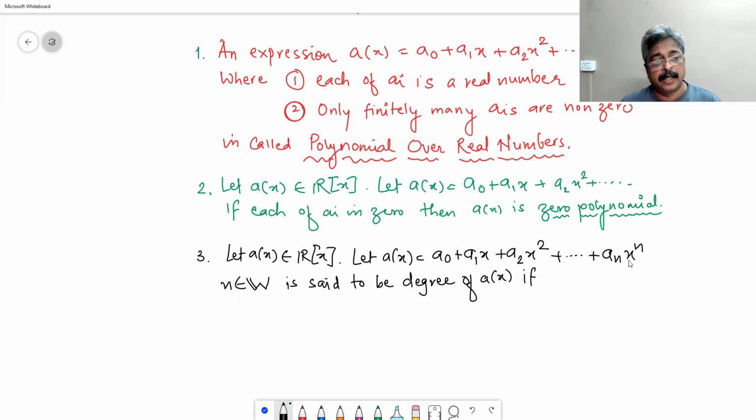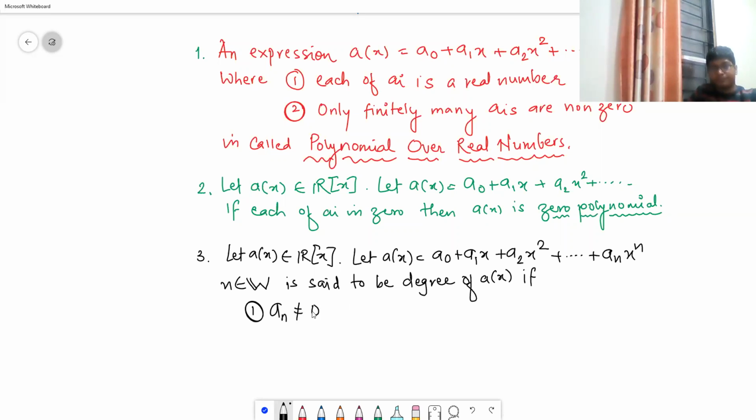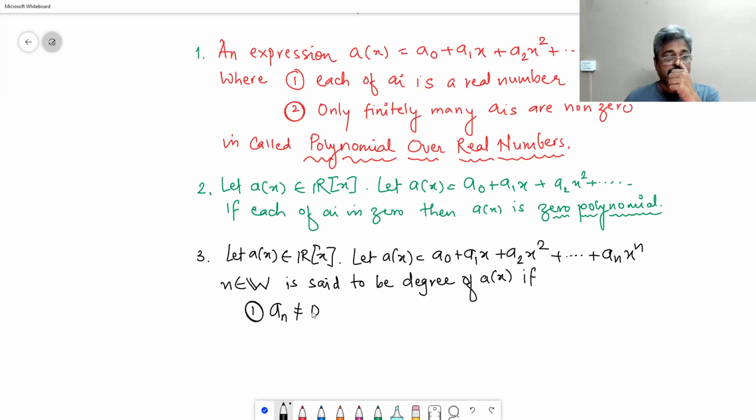We will call n, which is a whole number, the degree of this polynomial a of x. What should happen? If condition number 1: a_n should not be equal to 0, compulsory.